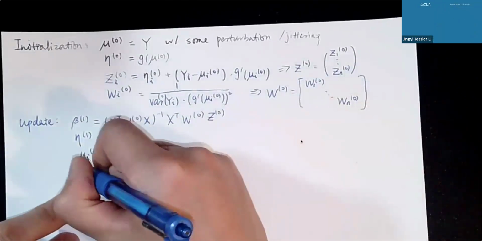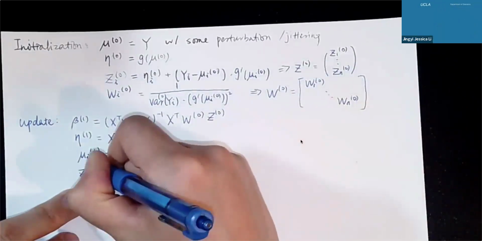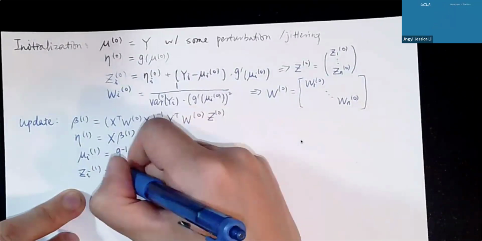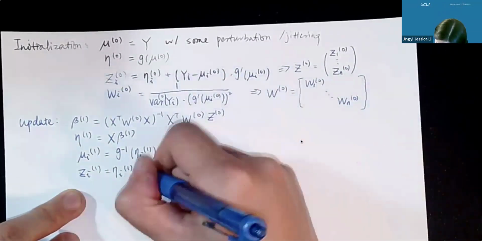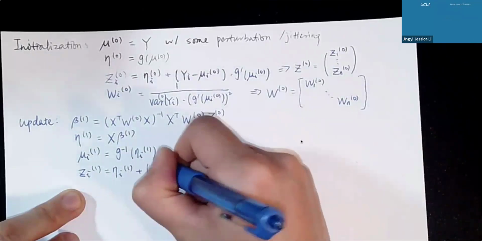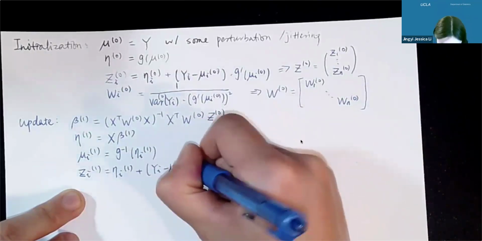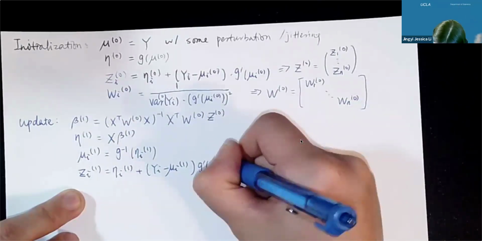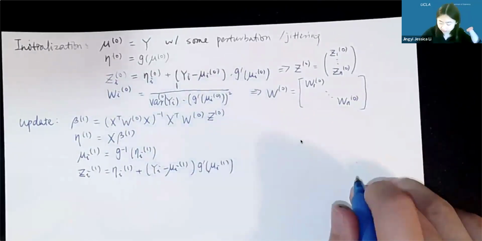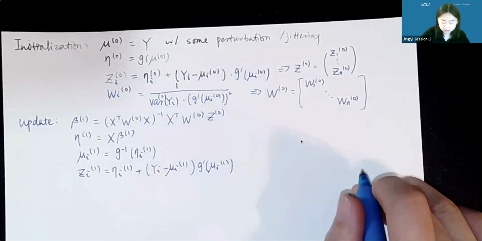And finally, ZI1 is eta I1 plus yi minus mu I1 times G prime mu I1. Okay, we update the Zi.